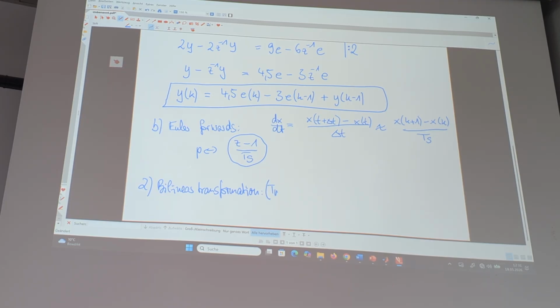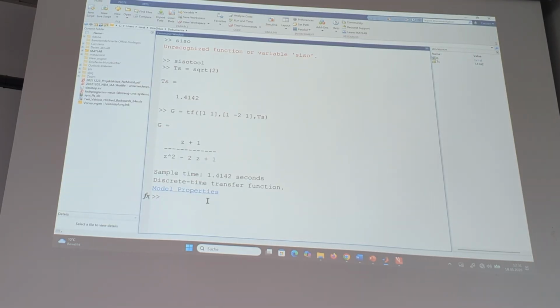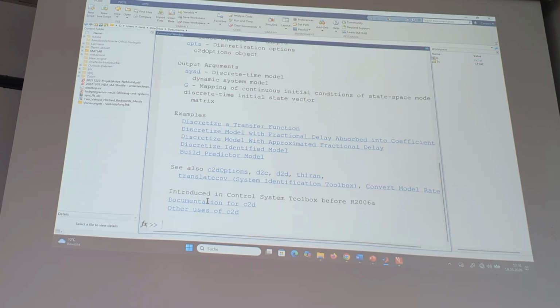From Tustin. This can be also put here in MATLAB if we have a look at the command C2D. C2D, continuous to discrete, for the transformation of the system. And click help.